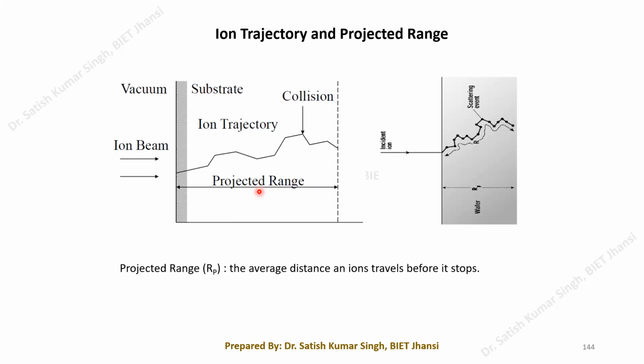The atoms will be arranged in a certain fashion, so when this ion beam enters this material, it will not always follow a linear path. What happens is it will enter the material and its path may get deflected many times. It will be scattered by the atoms available within our substrate.